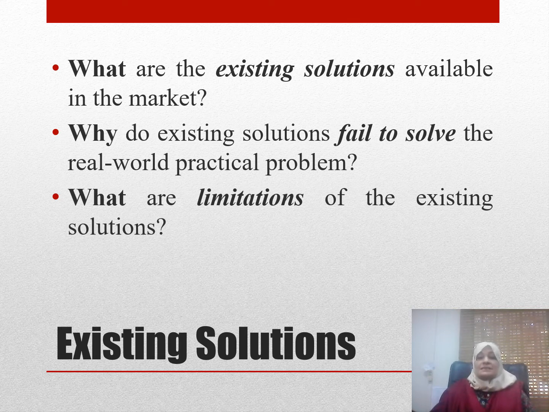It means there are some kinds of shortfalls in the existing solutions, and because of these shortfalls or limitations, maybe the problem you have highlighted today has not been solved fully. So this will lead us to question number 3 of the existing solutions component, that asks you what are the limitations of the existing solutions.